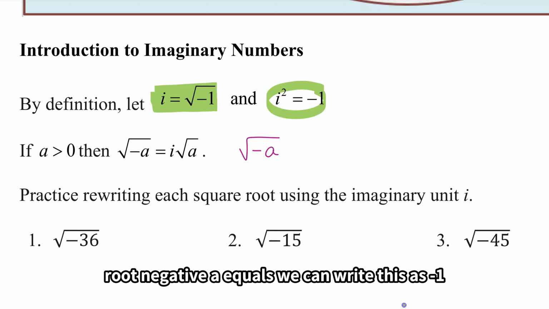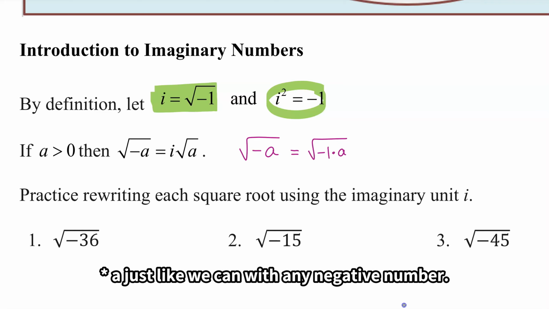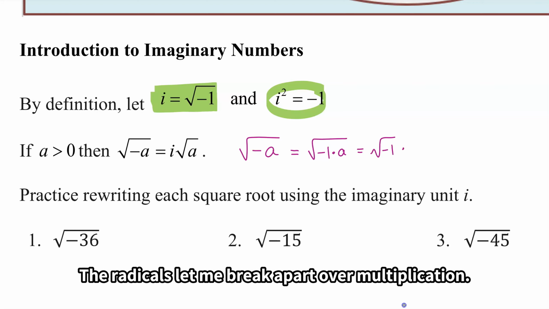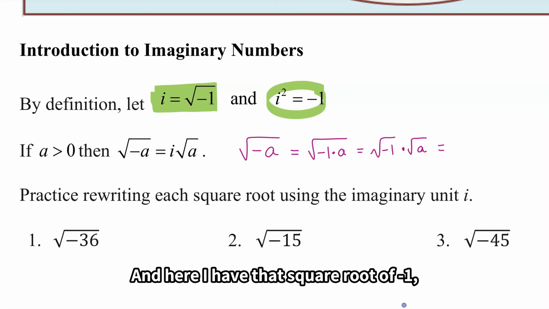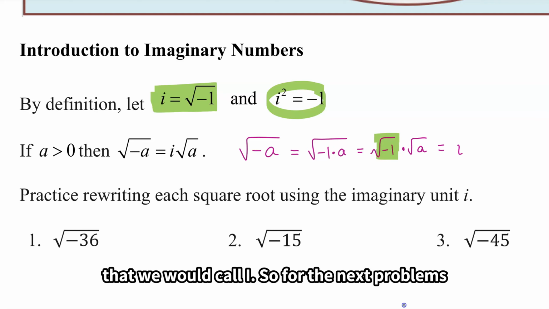Square root of negative a equals, we can write this as negative 1 times a, just like we can with any negative number. The radicals let me break apart over multiplication. And here I have that square root of negative 1 that we would call i.